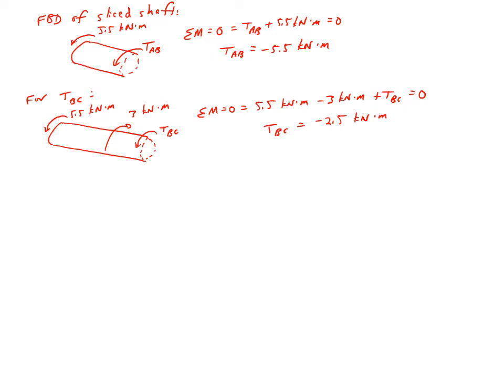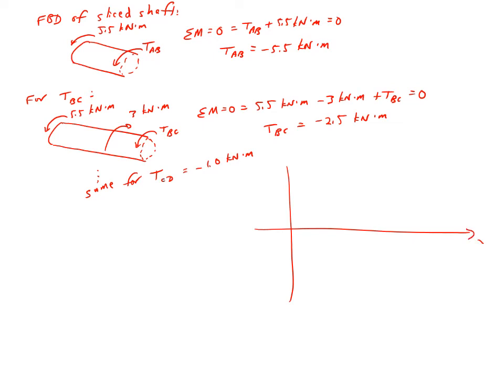Right? And if I did the same thing for the torque at C and D, I would end up with negative 1 kilonewton meters for the torque there. So we can summarize that with a drawing that looks like this.